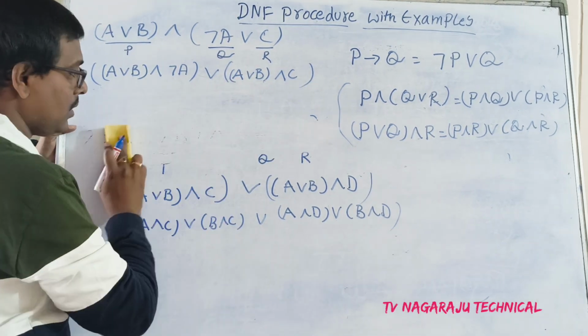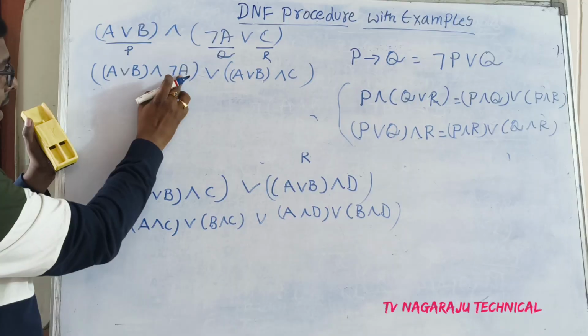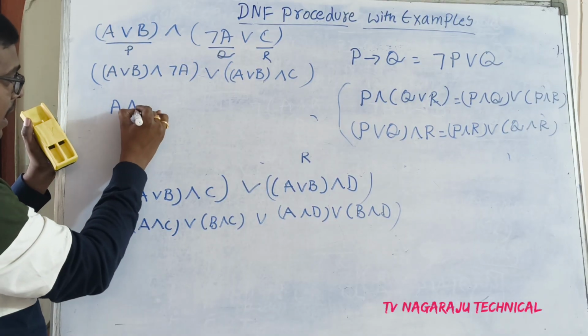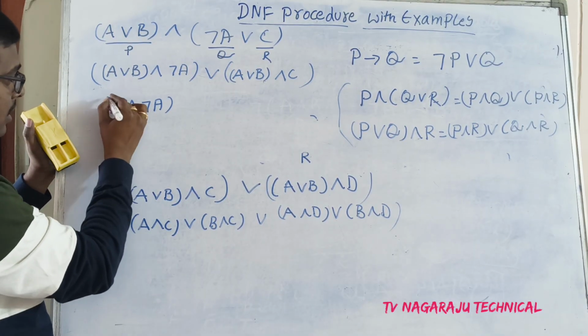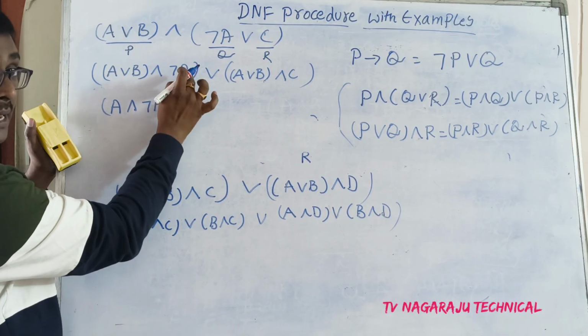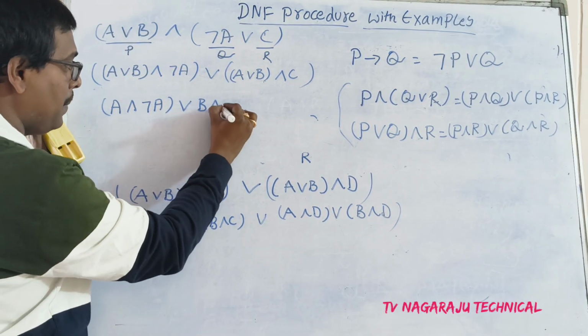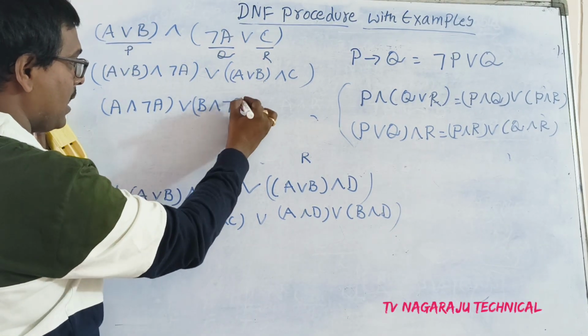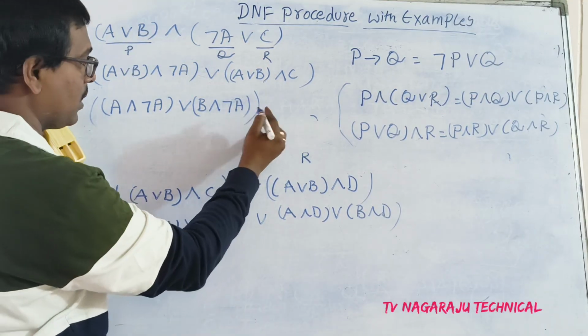Clear? Now A and negation A, or B and negation A. Clear? This is the first one.